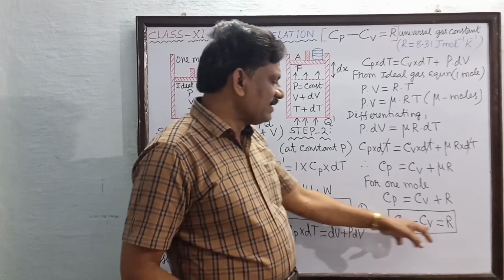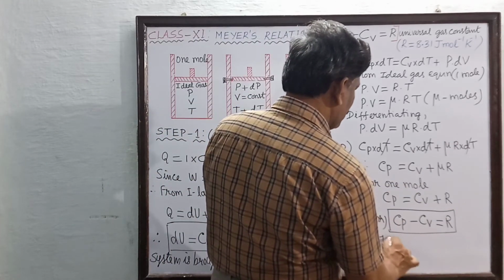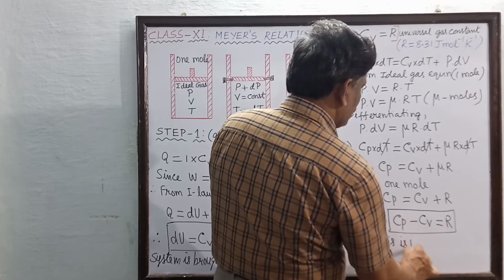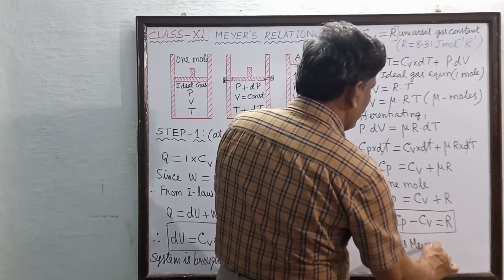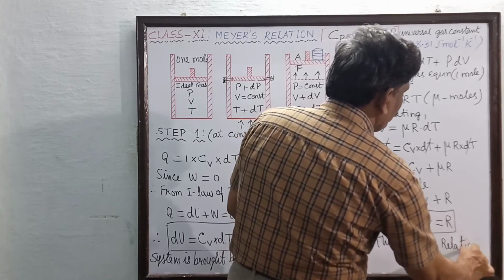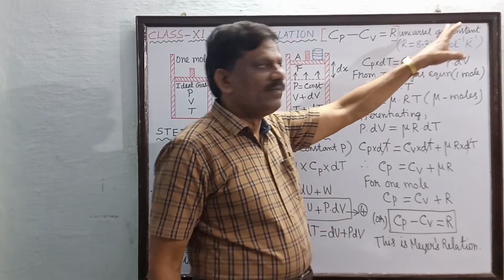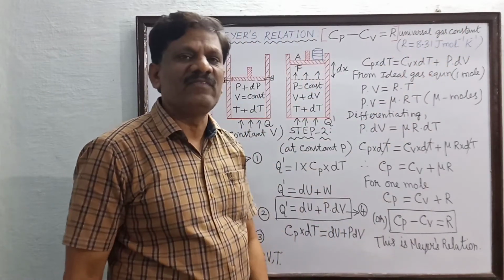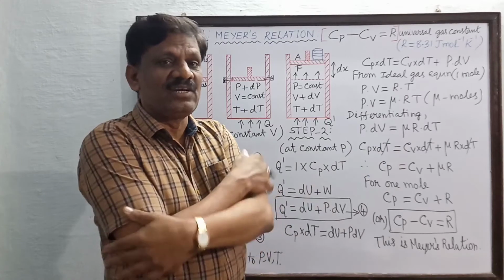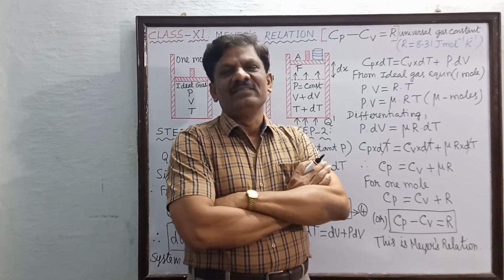So, Cp minus Cv is equal to R. This only is called Mayer's relation, where capital R is called by what name? Universal gas constant, and its value for 1 mole of any gas is 8.31 joule per mole per Kelvin.